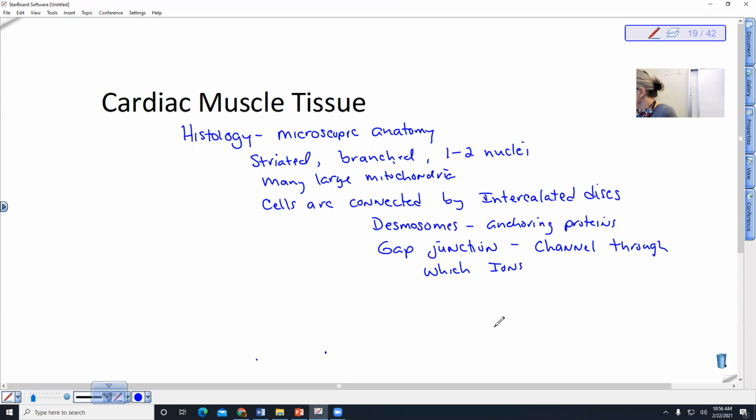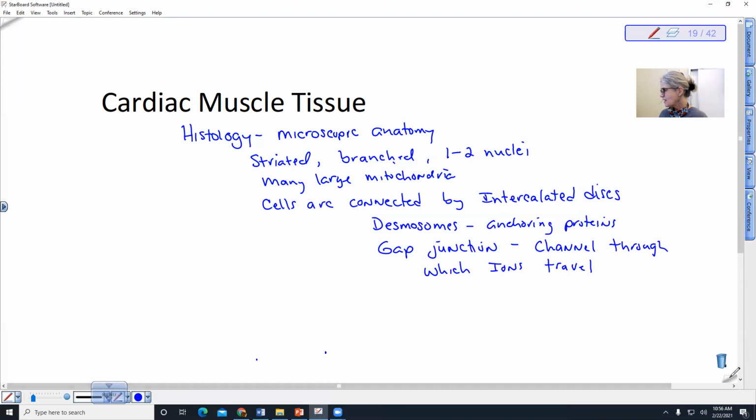This is really important because it allows for the impulse that causes the muscles to contract to move like a wave through the heart from the atria, then down to the bottom of the ventricles, and then up from the bottom of the ventricles. And so we're going to talk about that electrical charge in the heart.